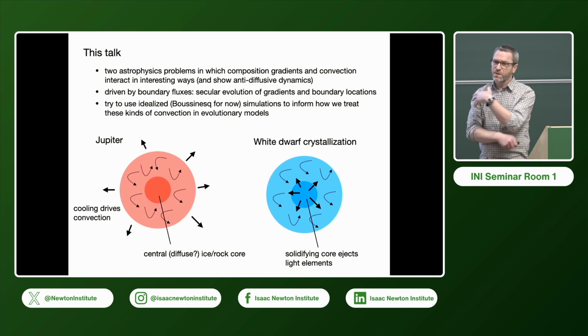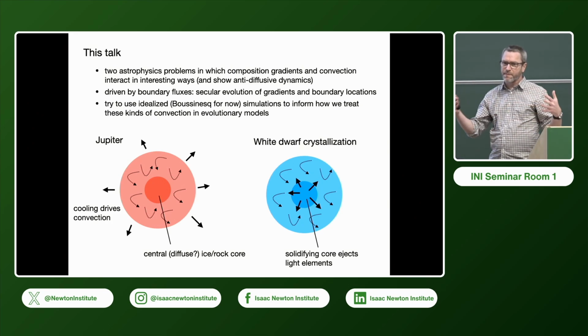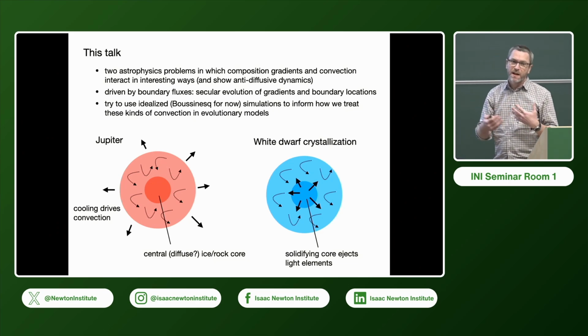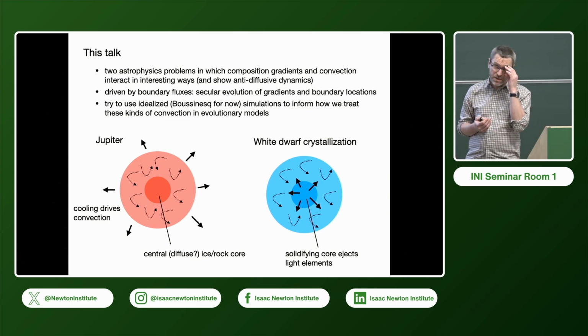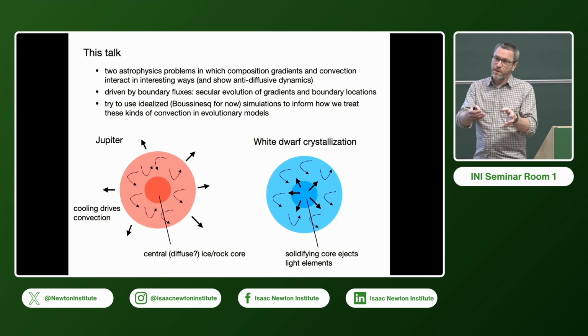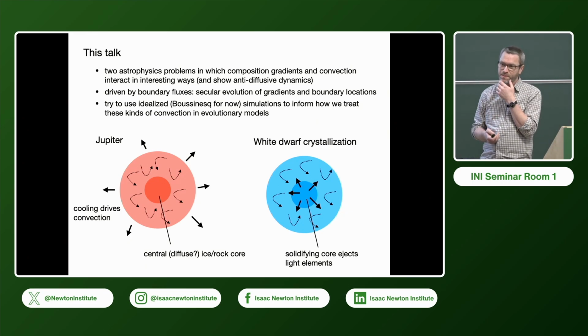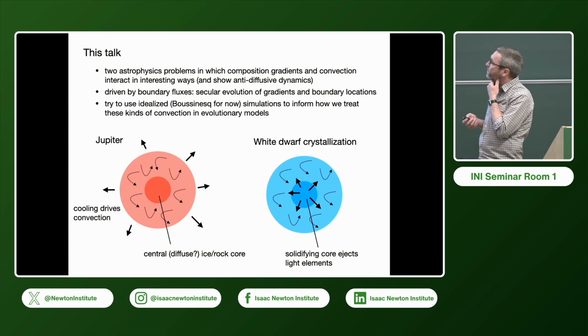But the strategy we're taking is that we can't simulate a full star for billions of years, but we can do localized, idealized simulations to try to learn something about how the physics is working. An example would be layer formation. So we'll do some simulations to try to understand some aspect of that that we can then feed back into the longer-term evolutionary model, which is spherically symmetric and has the prescriptions. That's the kind of strategy that we're taking.